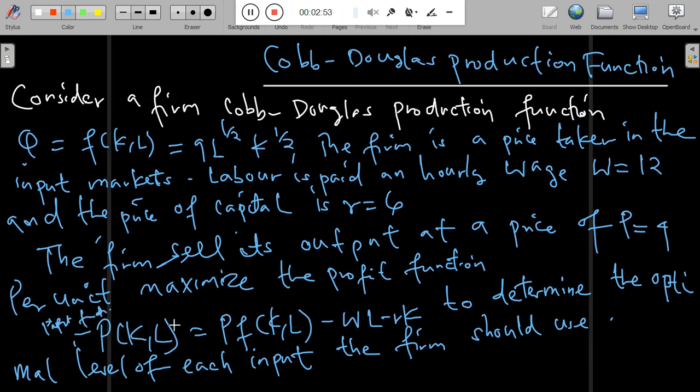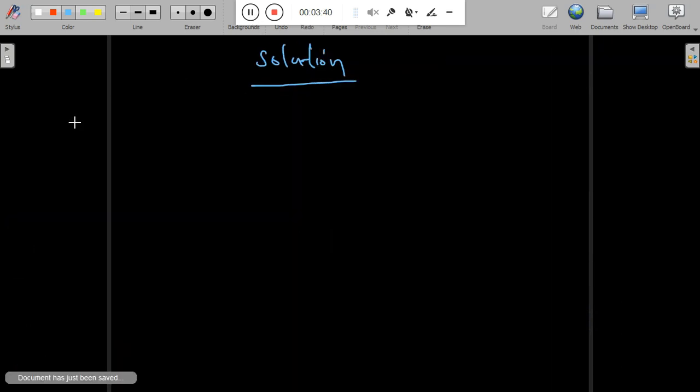The firm sells output at a price of 4 per unit. So we are required to maximize the profit function Π(K,L), equal to the product of the function of capital and labor minus WL minus RK, where W represents the wage and R represents the interest rate paid to capital. So we need to determine the optimal level.